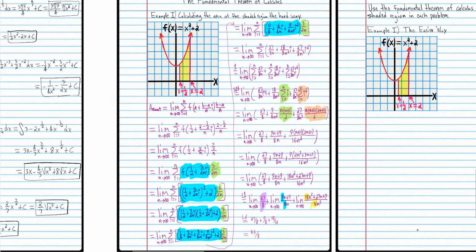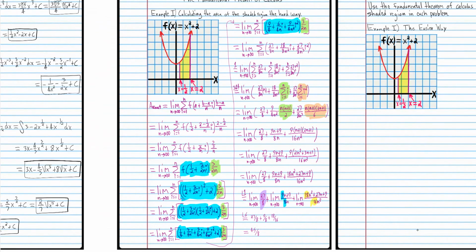But as you can see, this is really complicated, and this method doesn't really work for a lot of functions. And even if we have just polynomial functions, we have to have a lot of complex formulas to be able to use this method to find the area under the graphs of polynomial functions.